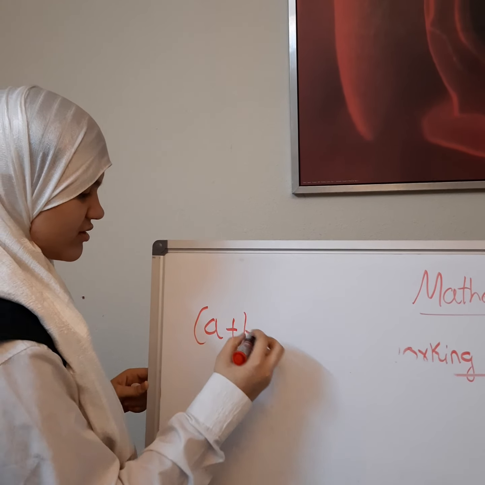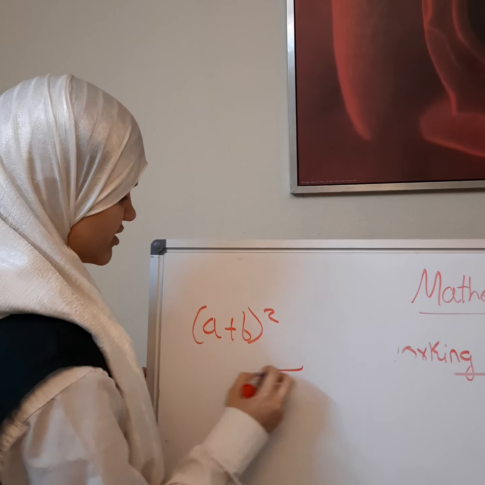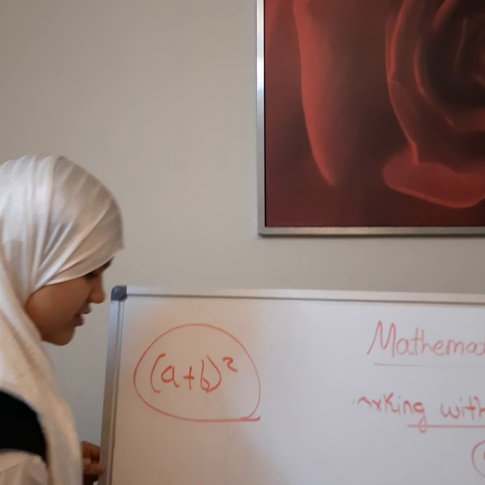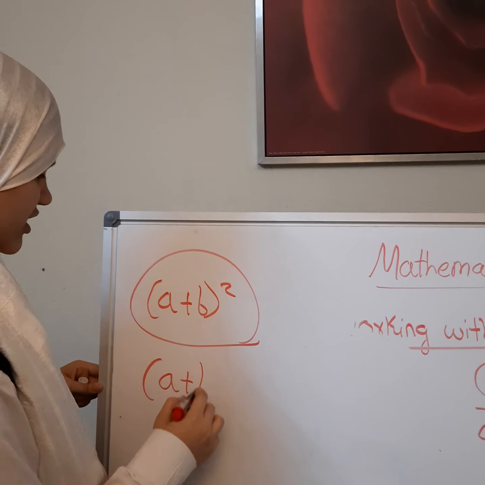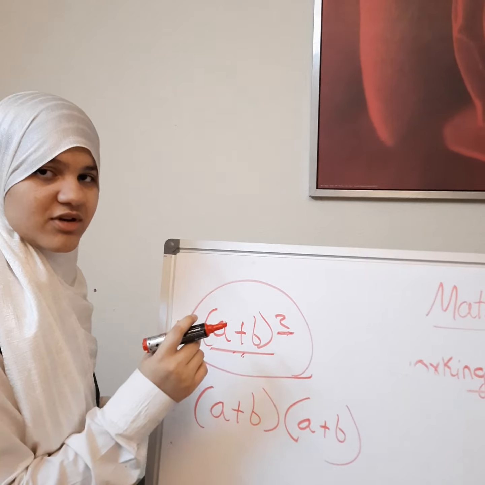(A + B) squared. Actually, it has a formula. It will be (A + B) and (A + B) the same, because squaring here means multiplying the number or the variable by itself.